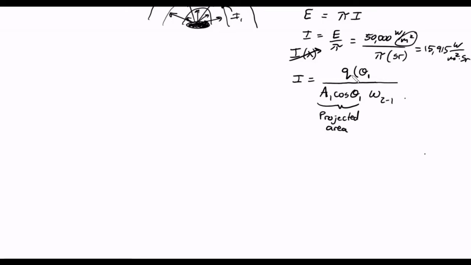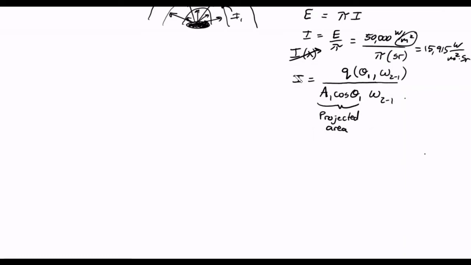It's the heat rate divided by the projected area of our surface in the direction theta 1 multiplied by the solid angle around that theta. So this isn't just any heat rate, it's the heat rate in a certain direction for a certain solid angle around that direction, or a certain portion of the hemisphere around that direction.